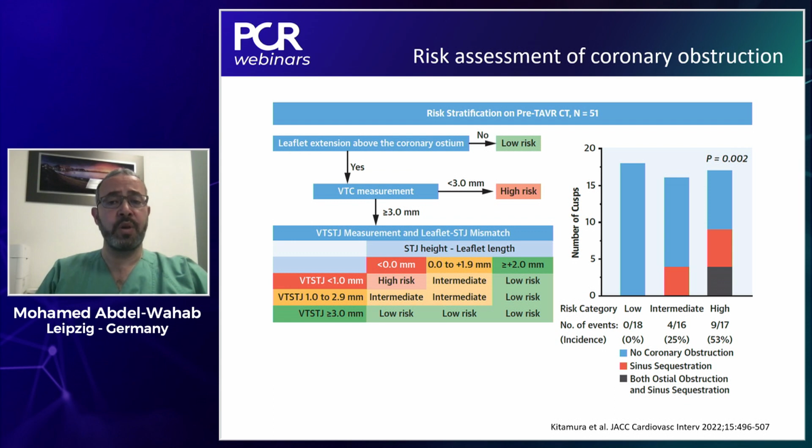And if it's more than 2, you have low risk of obstruction. This should be combined with the VT-STJ, so the same we do for the VTC measurement, but at the STJ level. And if you have very small space, less than 1 millimeter, you are at high risk. If it's between 1 and 2.9, you are at intermediate. And if it's more than 3, you are at low risk of obstruction.